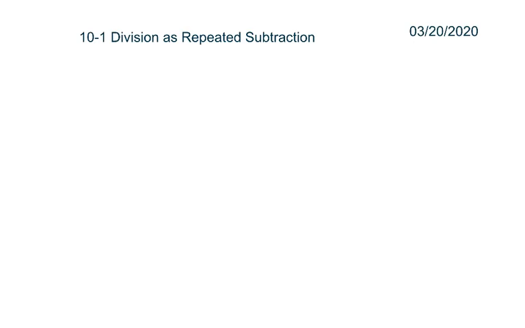Today's lesson is 10-1, division as repeated subtraction. You already know that addition and multiplication connect. If I repeatedly add over and over and over, that's the same thing as multiplication.